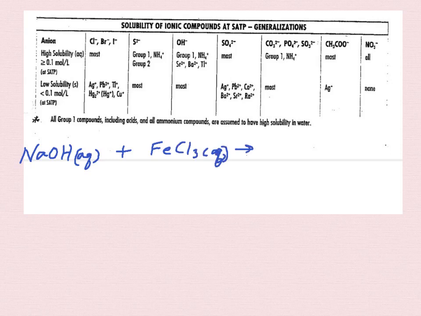Your first job would be to complete the reaction and then predict the states of the products. So hopefully you would look at this and you would see we have a cation and a cation and an anion and an anion. We're going to do a double replacement.